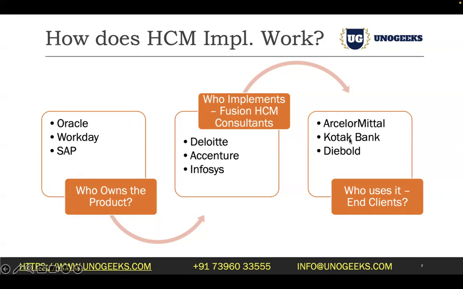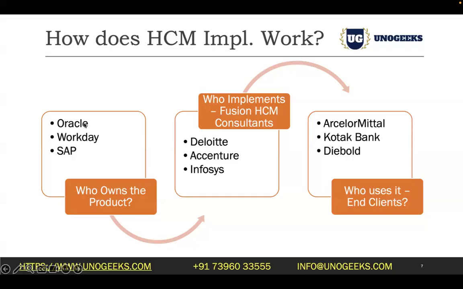Now let's say Kotak Mahindra Bank wants to manage their HR processes in Oracle HCM Cloud. What would they do, guys? They get into a discussion with Oracle. First of all, Kotak would have evaluated all the HR products available in the market today, done their own analysis, and finalized that they want to go with Oracle Fusion HCM Cloud.